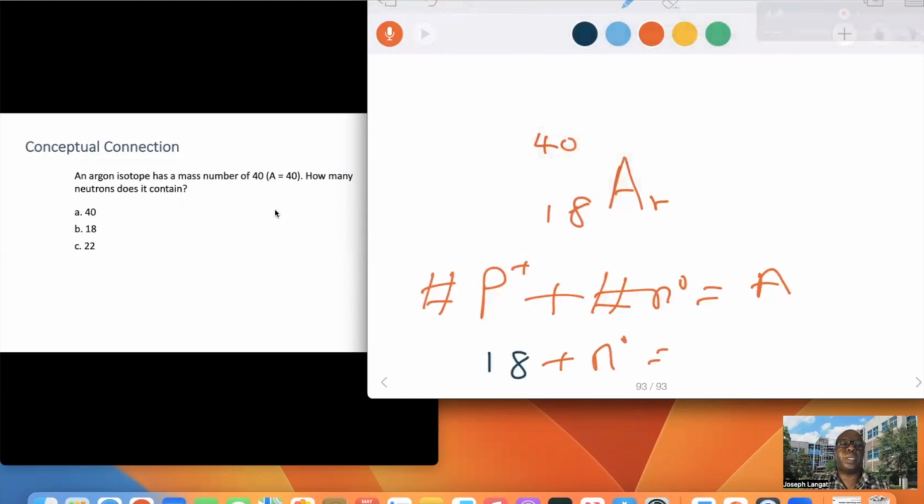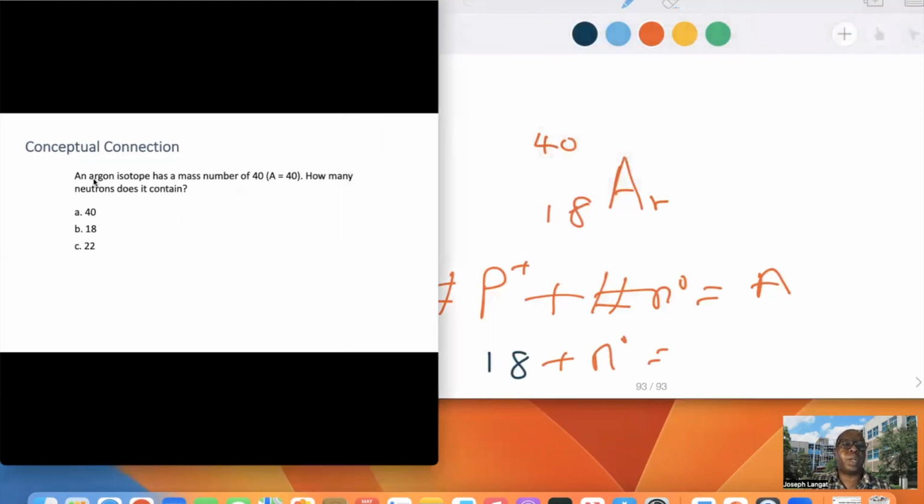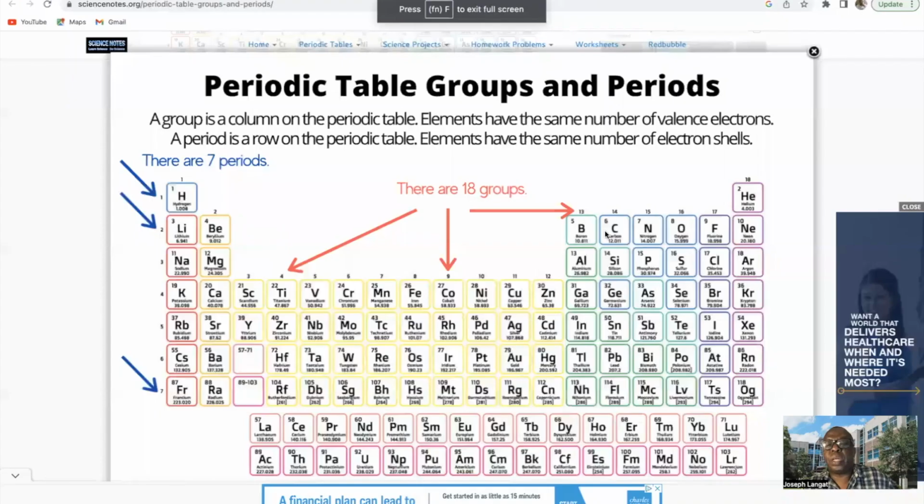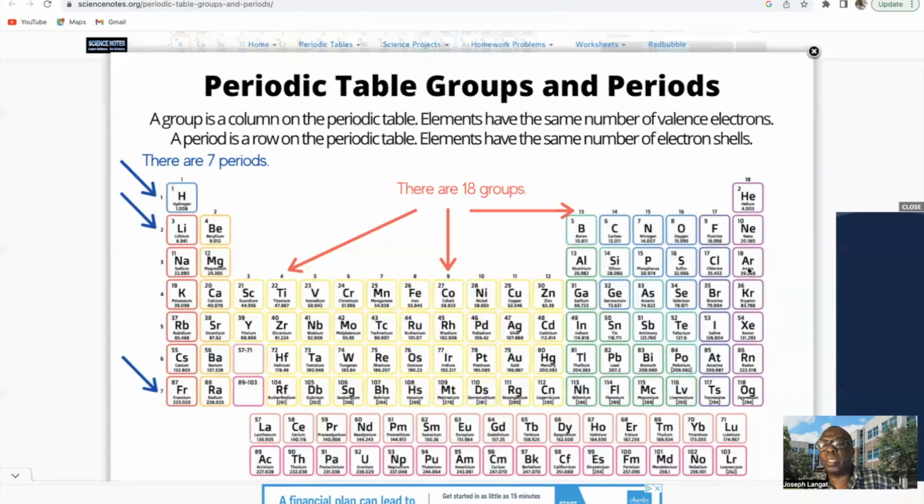How do I know it's 18? If you don't know how to interpret the periodic table, argon is Ar, and its atomic number is 18 on the periodic table. Look at this. I don't want you to get confused. Here is the element in question, Ar, argon, and it's position 18.